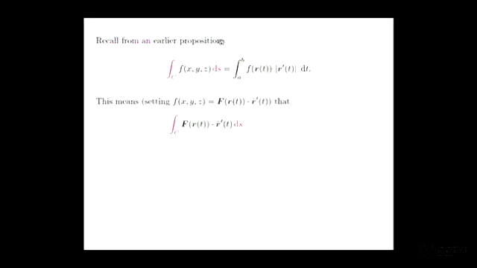I'm going to set f(x, y, z) to equal that expression. I put that expression into here, and what do I find? Using this proposition, this is equal to the function f times the length of the tangent vector here.